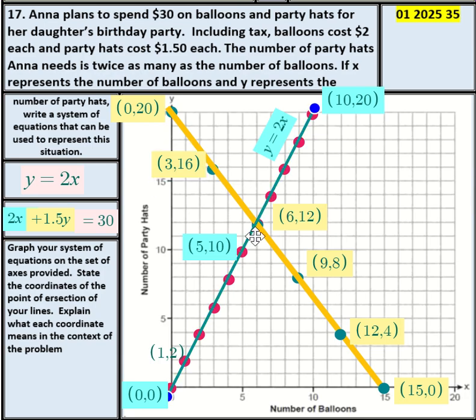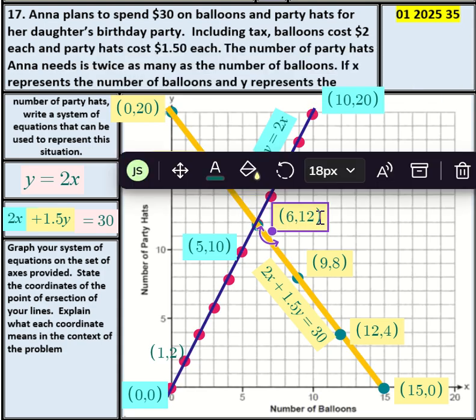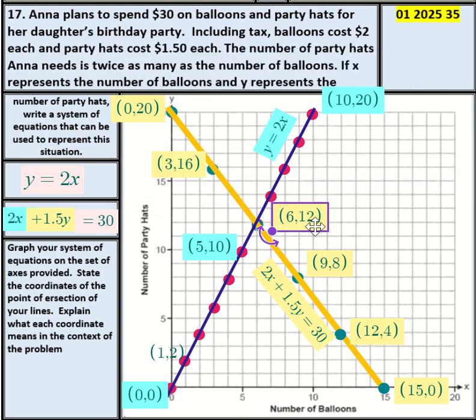So this line represents the cost, and I want to label that line 2x plus 1.5y equals 30. We have our other line labeled y equals 2x. This graph is full credit. Notice the point of intersection where these two lines meet is (6, 12).